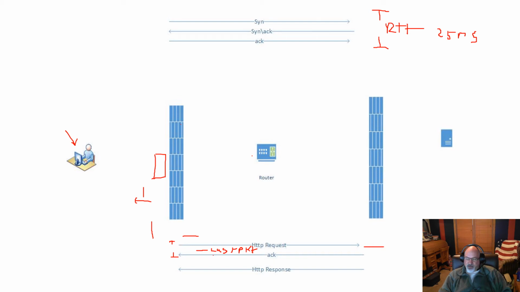When that last packet goes through and the ACK comes back in my 25 millisecond time frame, I know my round trip time hasn't changed. My round trip time is good. So the difference between the end of that last packet and waiting for the acknowledgement is the time it took to receive the request.